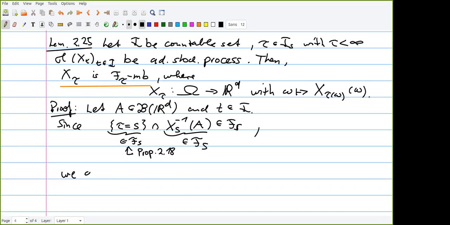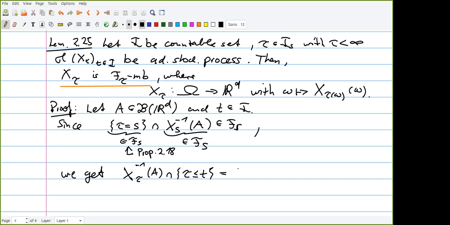Okay. Right. Hence, we get, consider now the pre-image of the process X at time tau of the event A, intersected with the event of tau being less or equal than t, right? And we want to check that this is in F_t.